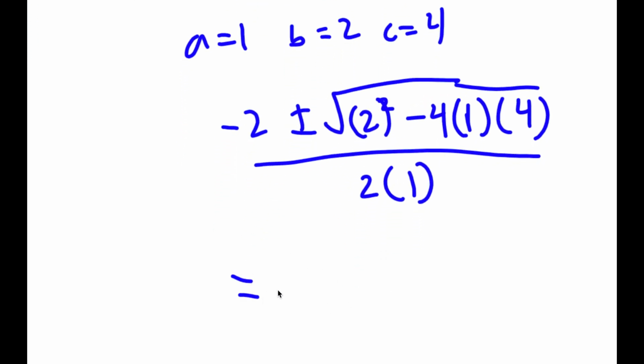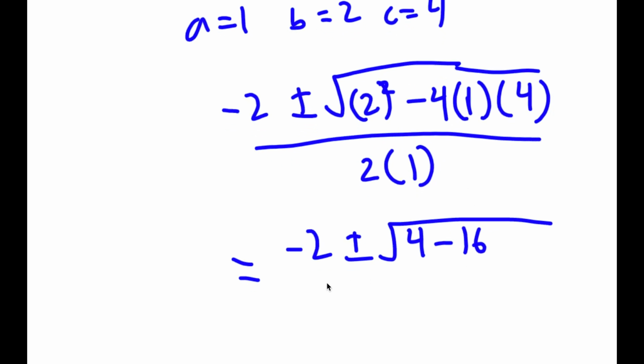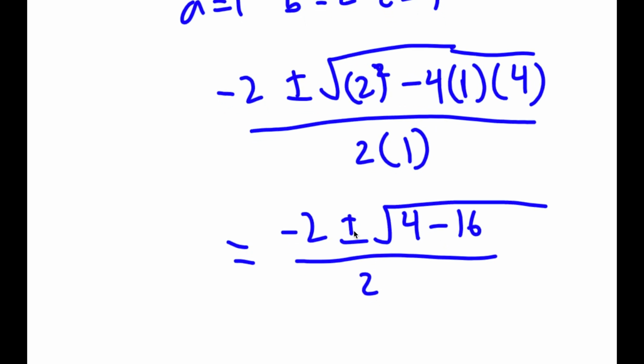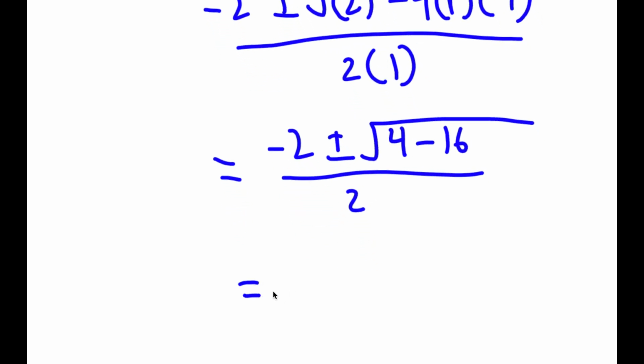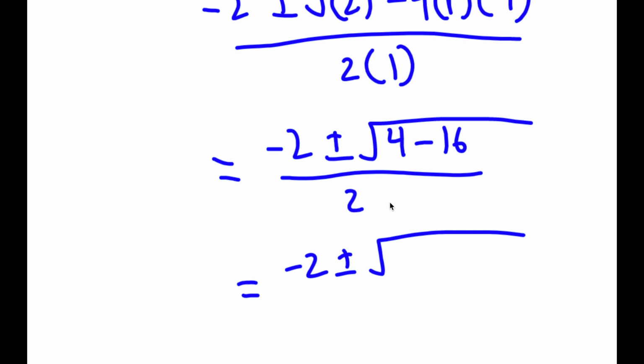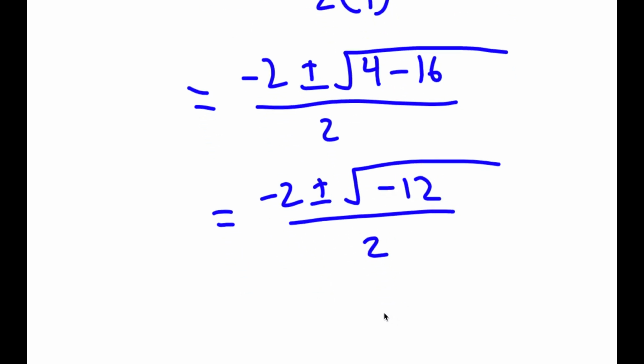So now this is equal to negative 2 plus or minus the square root of 2 squared, which is 4, minus 4 times 1 is 4, 4 times 4 is 16, divided by 2. 2 times 1 is 2. Now this is equal to negative 2 plus or minus the square root of 4 minus 16, which is negative 12, divided by 2.